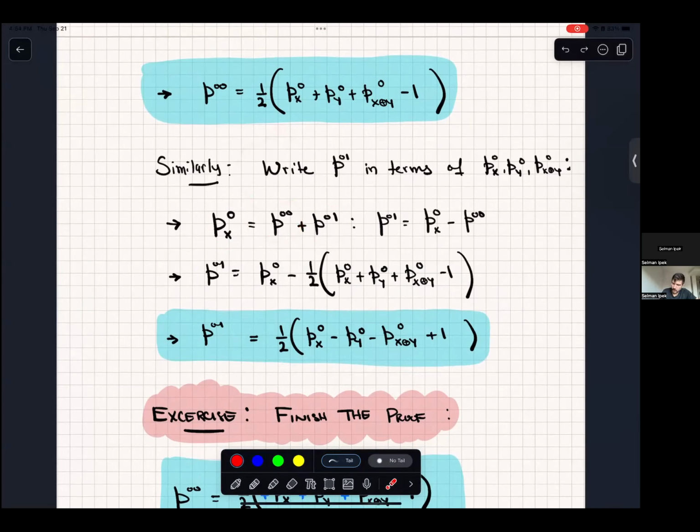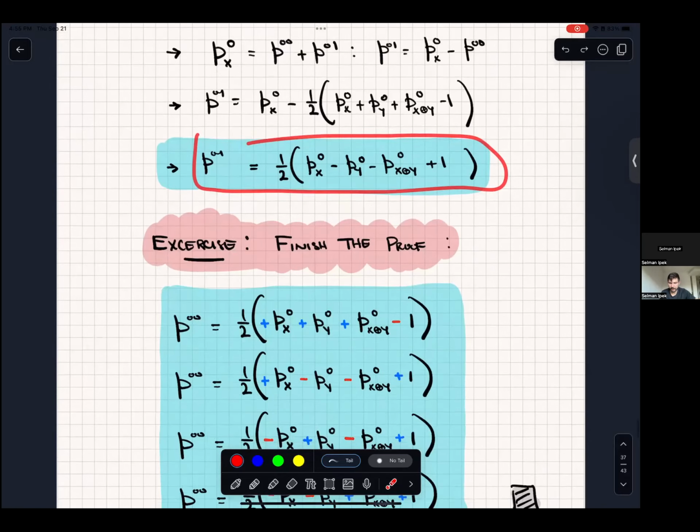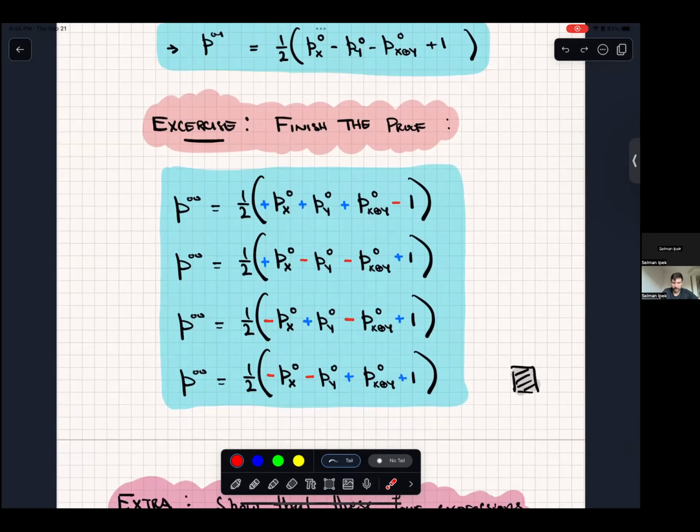So all I need to do is write p01 as equal to px0 minus p00, plug in what this p00 is, and you see that because I'm subtracting here, the 1 becomes positive, these become negative, and this is 1 times px0 minus 1/2 of it, so this stays positive right here. And so this is the expression for p01. As I said, the other expressions follow similarly, and we have this pattern here.